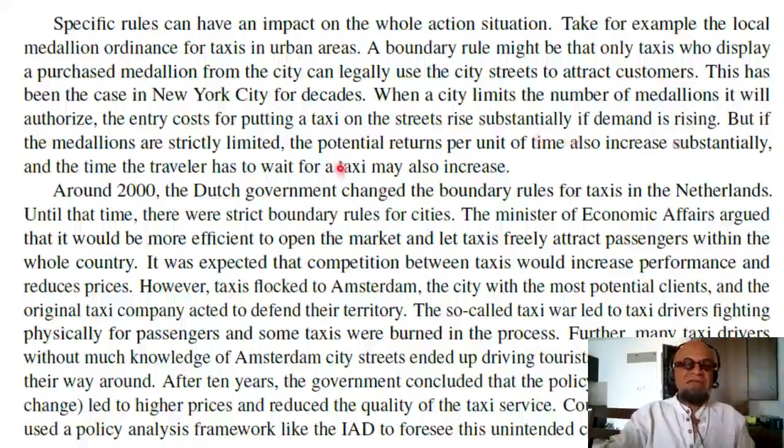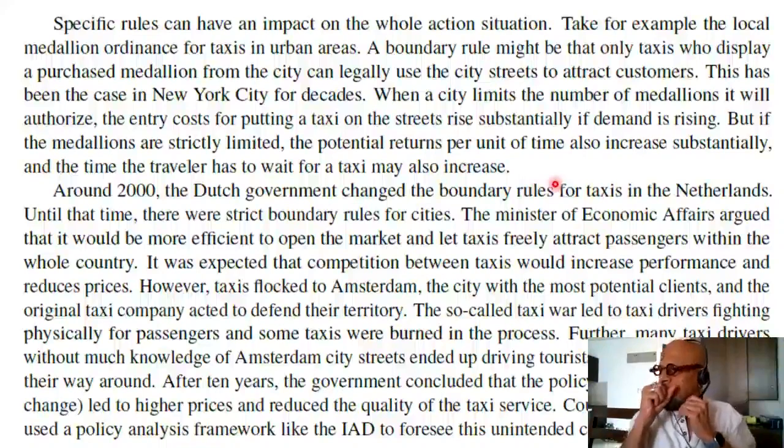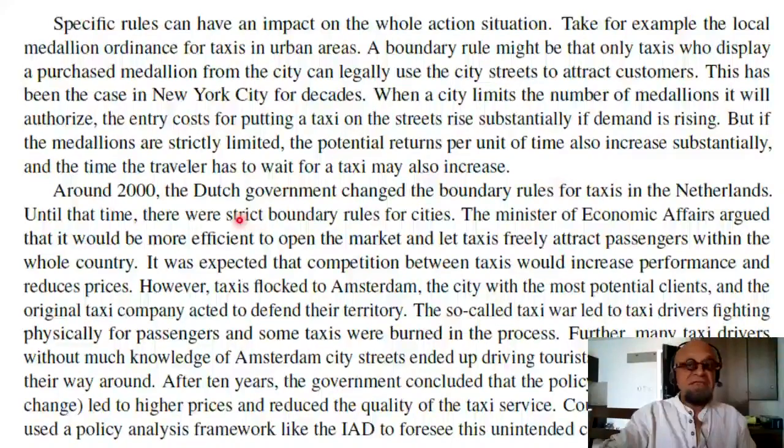But if the medallions are strictly limited, the potential returns per unit of time also increase substantially, but the time a traveler has to wait for a taxi may also increase. Because there are a limited number of medallions running around, there are too many people looking for a taxi, and this used to happen around 2000. It can still happen for Ola and Uber as well, right?